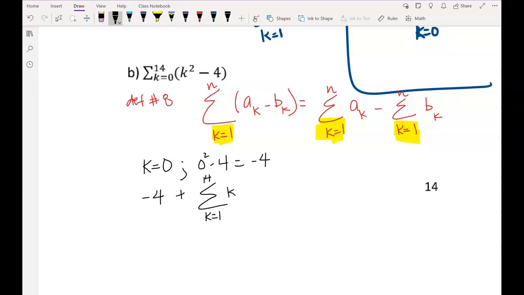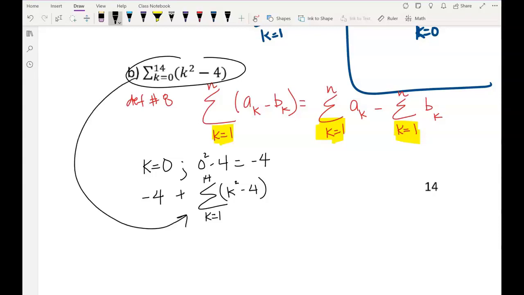And so I'm going to write this question back down. So students, all I'm really doing is breaking this up into when k equals 0, which gets the constant here, and then recopy the problem for the remaining k values that we haven't used. All right, so now I can go and use this formula, right? Because now k is starting at 1.